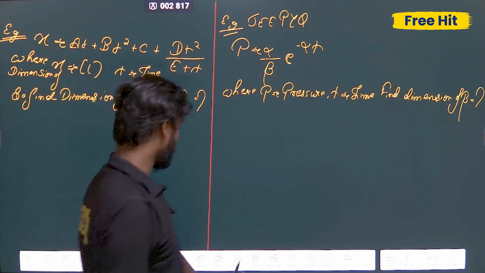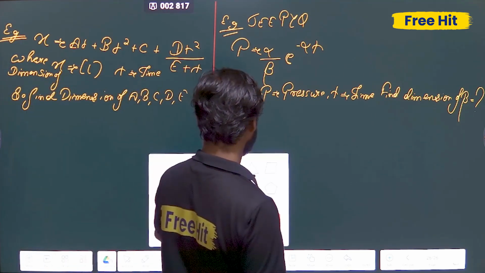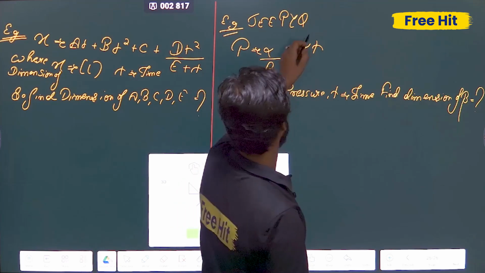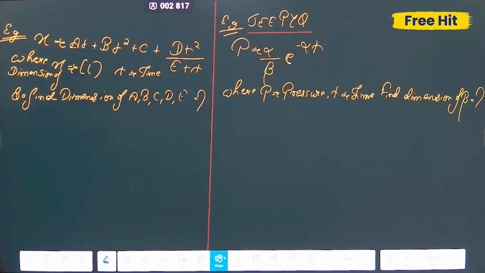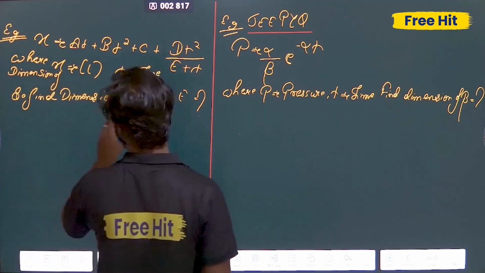You have to find the dimension of beta. That is the question. Just try it once. Solve it. So if we solve this, I hope you have solved.